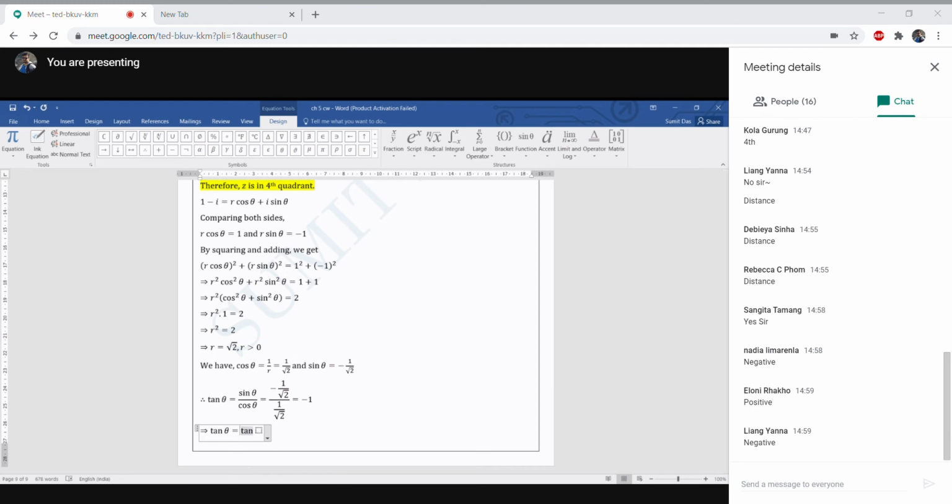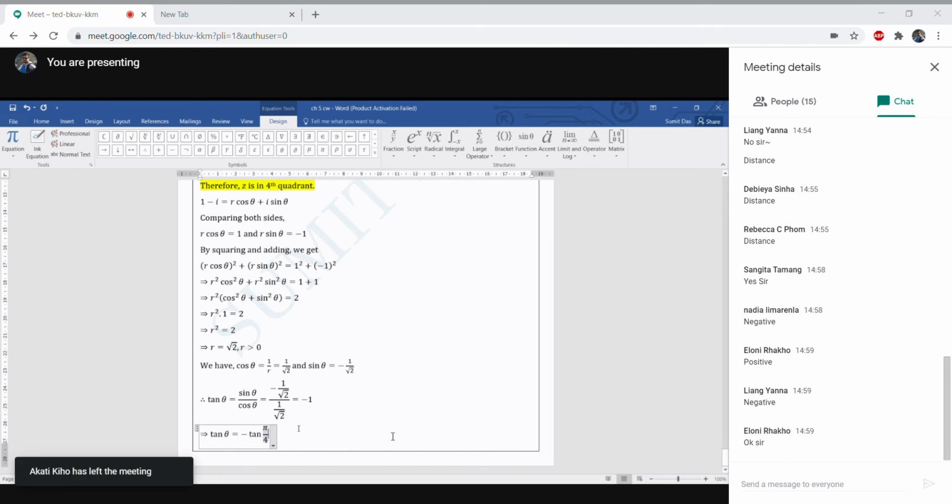So we can write minus 1 equal to tan pi by 4. Pi by 4 means 45 degree. So from here, what is the value of tan? We can write this.